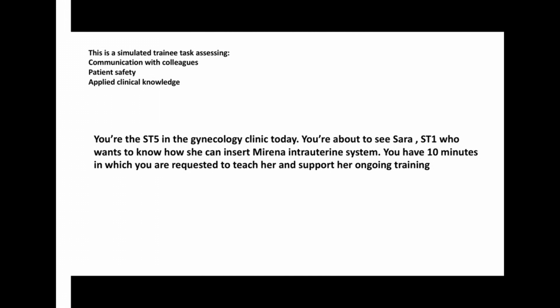one of the strongest indications for the Mirena coil, because it reduces the bleeding by causing thinning of the endometrium. But we need to notify the woman that it takes some time to build up the hormone level in the blood.